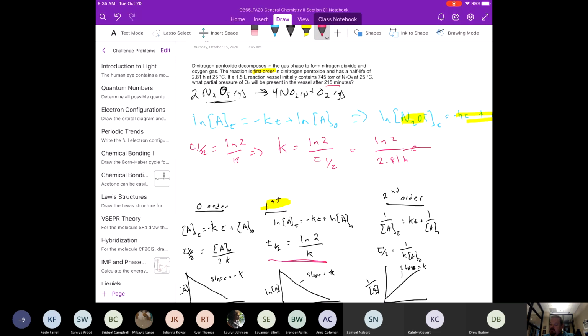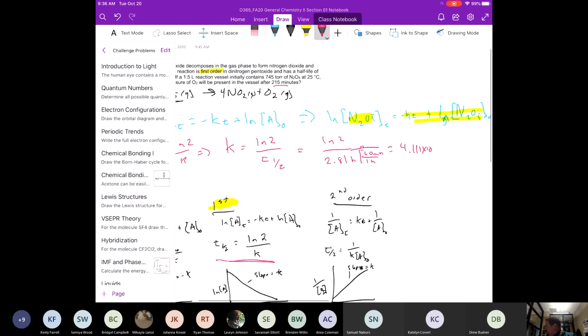So if we do that conversion down here, 1 hour is 60 minutes. Now our rate constant is 4.111 times 10 to the -3 minutes to the -1.